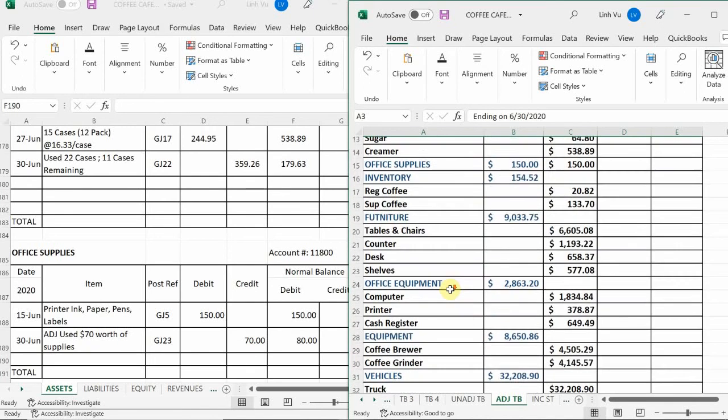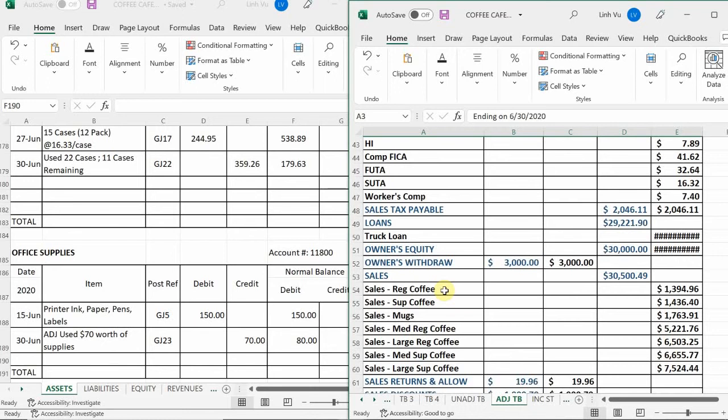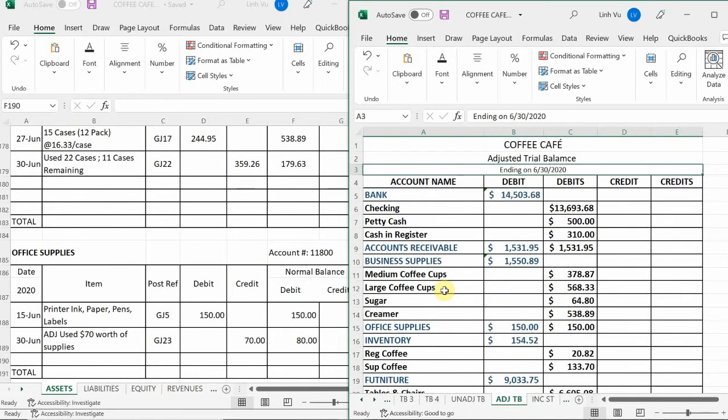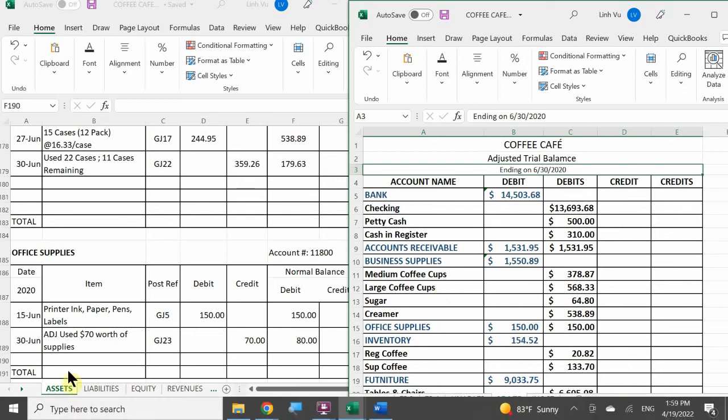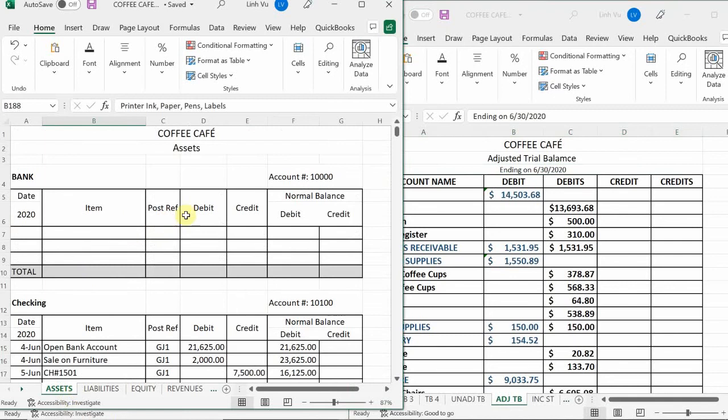So therefore, I need to add in my depreciation, my amortization, my bad debt, my office supplies expense, and so on and so forth, okay? So we're going to continue on using this, and we're going to do the following, including all of the main accounts, okay? So starting with the very first one, we're going to go to your assets, okay?